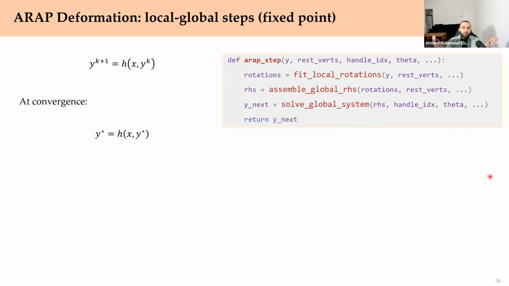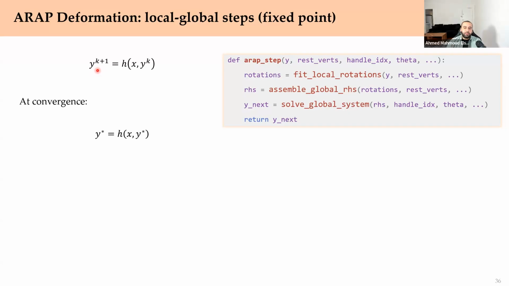And so we could combine both the local step plus the global step into this function, ARAP step, which would take one iteration: at every iteration it takes yk and returns a new deformed position yk plus 1.